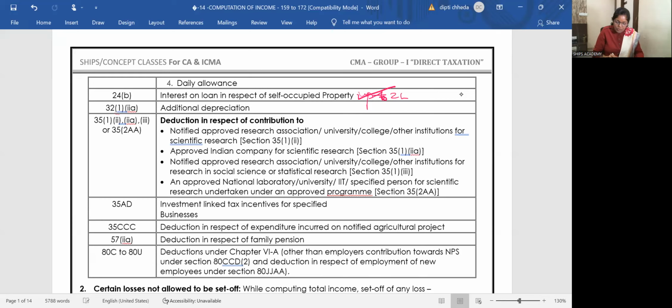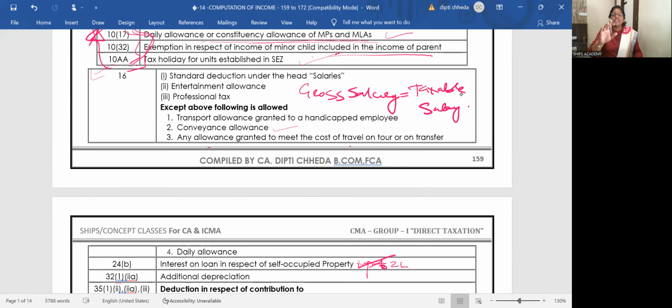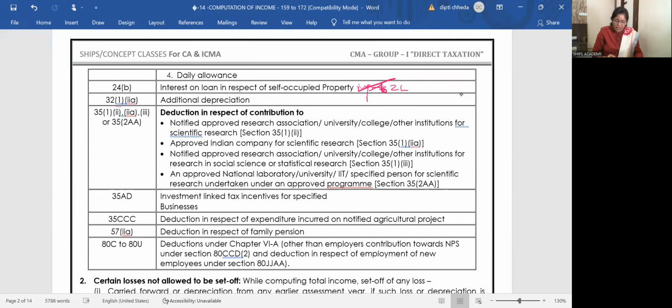Now coming to business head. Let's pause, dear students. In salary, deductions are not allowed. In house property, interest on loan for self-occupied is not allowed. Ma'am, what about interest on loan for let out and deemed let out? Allowed. In business head, additional depreciation is not allowed. Additional depreciation for plant and machinery is 20%, and if you use it less than 180 days, 10%, and so on, but it is not allowed.